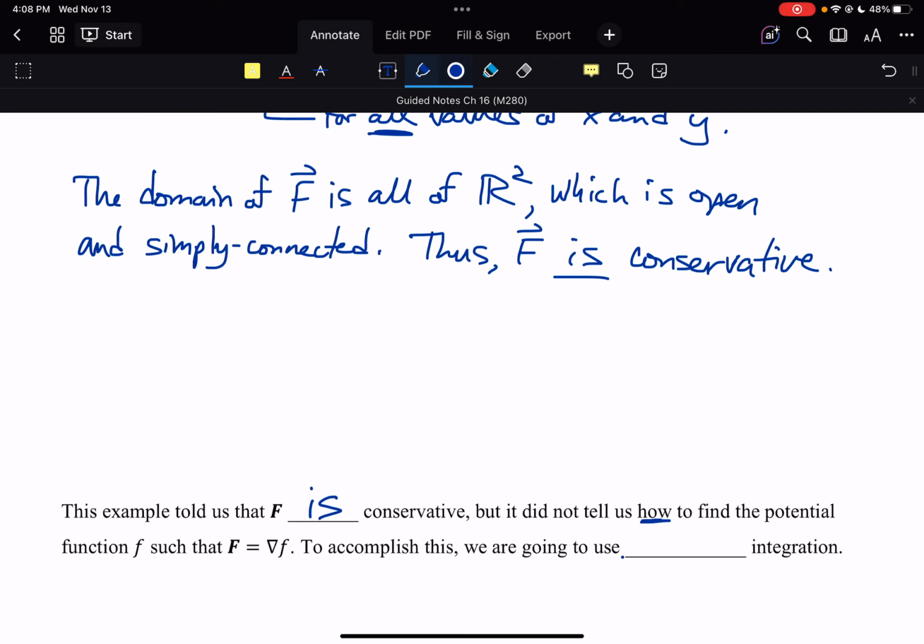To accomplish this, we are going to use partial integration. It's a similar technique to what we saw in our multiple integral chapters. It's the idea of undoing partial differentiation, taking an antiderivative with respect to one variable at a time.